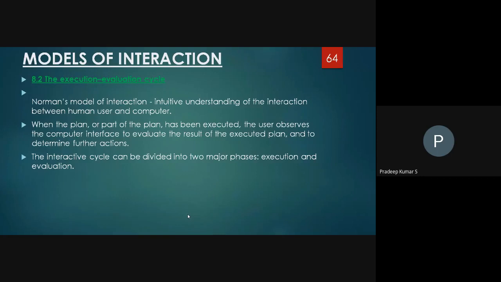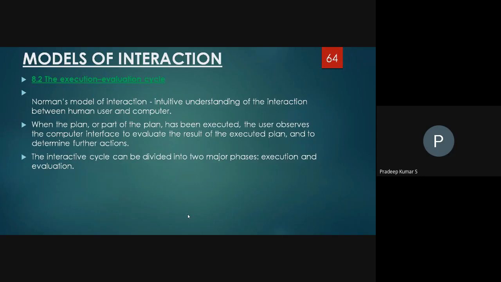When part of the plan has been executed, the user observes the computer interface to evaluate the result of the execution plan. So the user has to understand the execution plan and then determine further action.